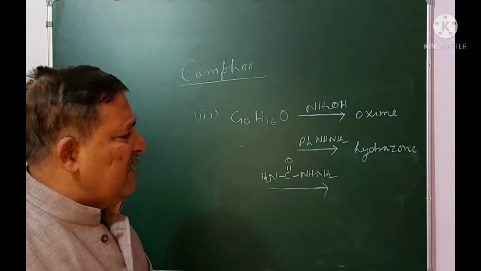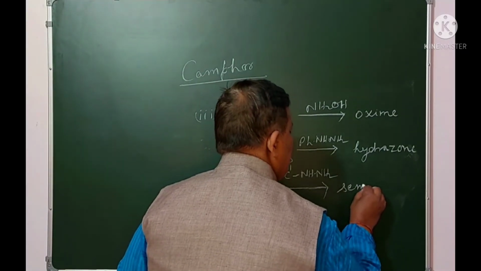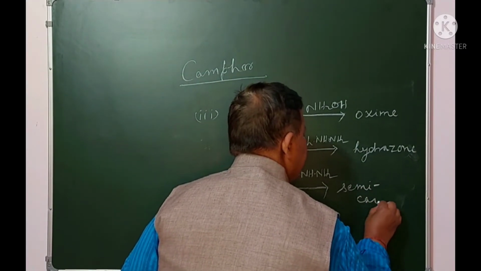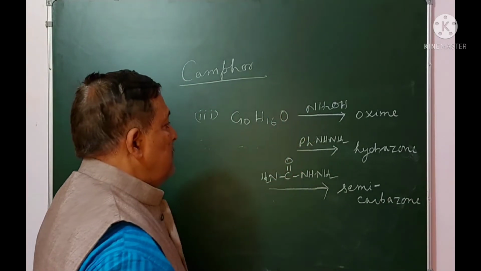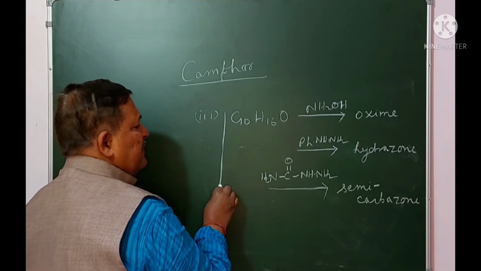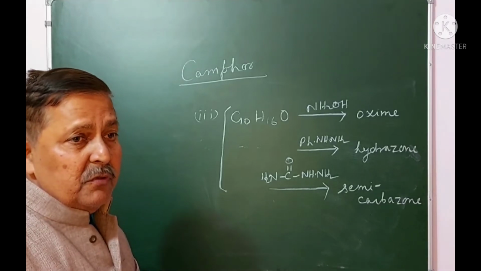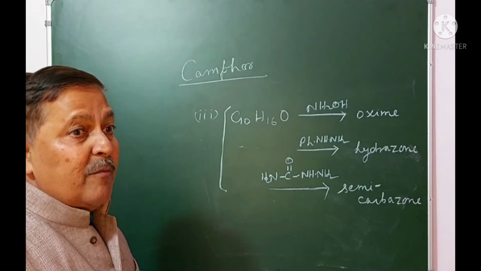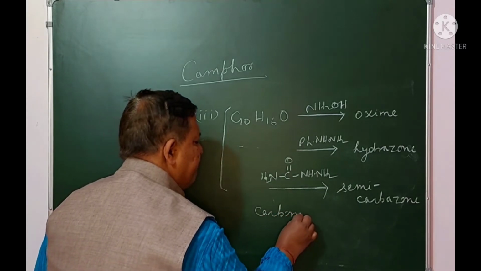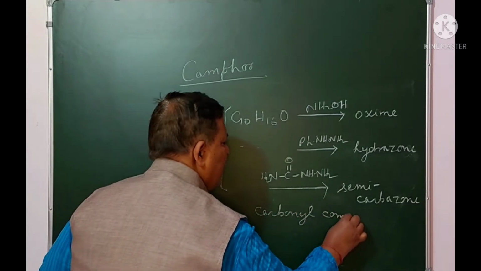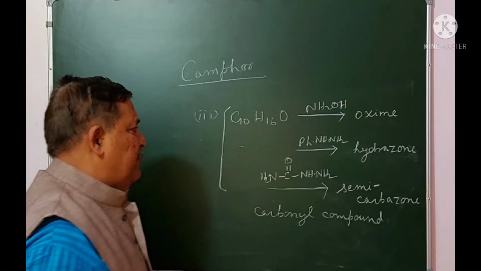When it is allowed to react with semicarbazide, we will get semicarbazone. These reactions indicate that our compound contains a carbonyl group. So it is a carbonyl compound.